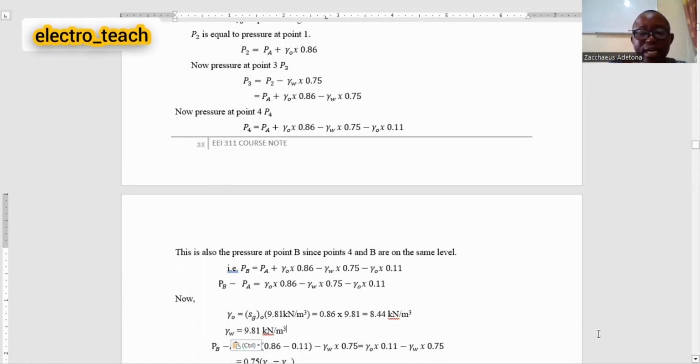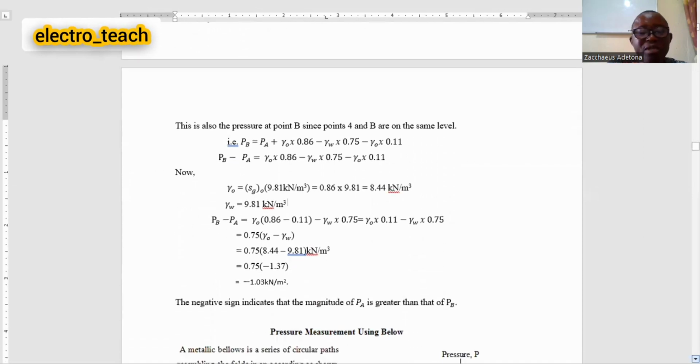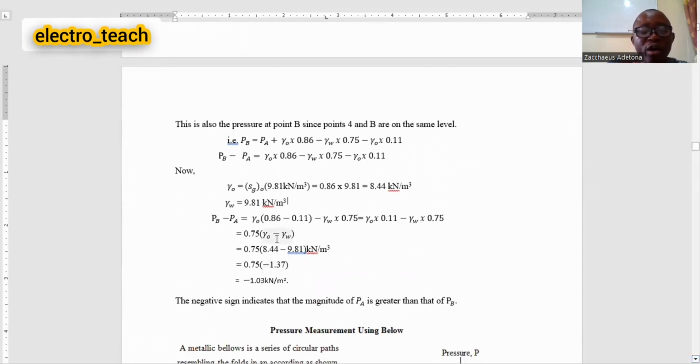So if you simplify that, we have PB minus PA is equal to 0.75 times gamma oil minus gamma water. 0.75 times 8.44 minus 9.81 kilonewton per meter cube. And that is 0.75 multiplied by minus 1.37. And the answer is minus 1.03 kilonewton per meter squared.